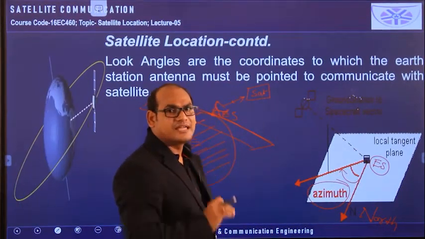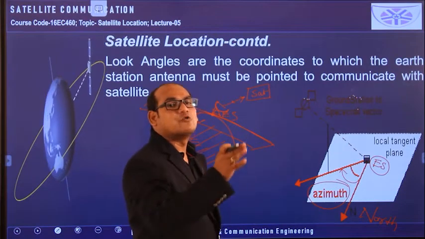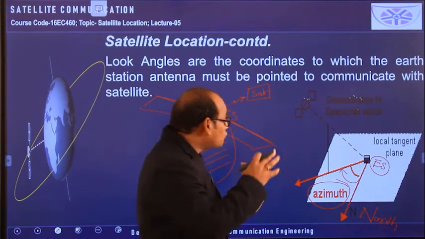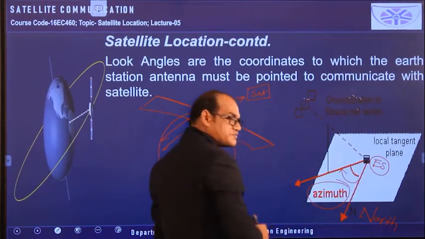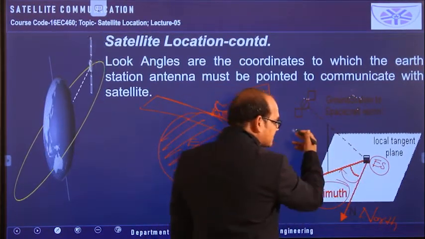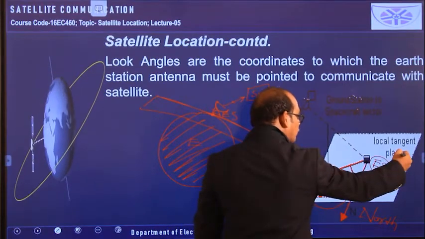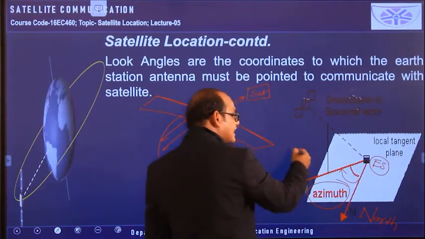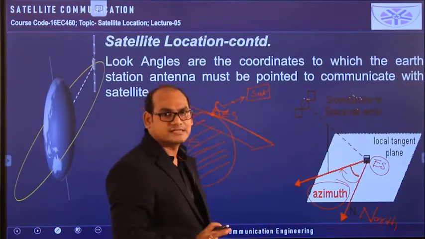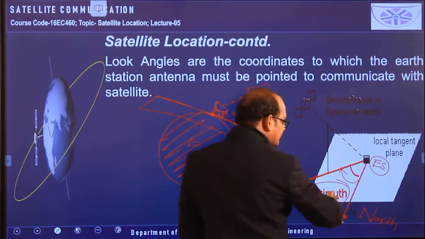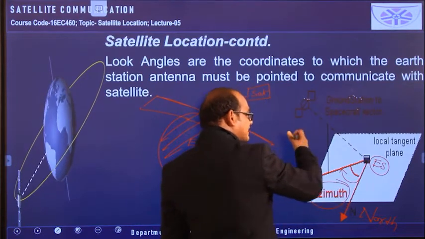Some angle will be given to you, for example 120 degrees. That 120 degrees azimuthal angle has to be measured from the north towards the east side, and this side is east, we should not go this side. We should go towards the east side from the north side up to the angular distance of 120 degrees.